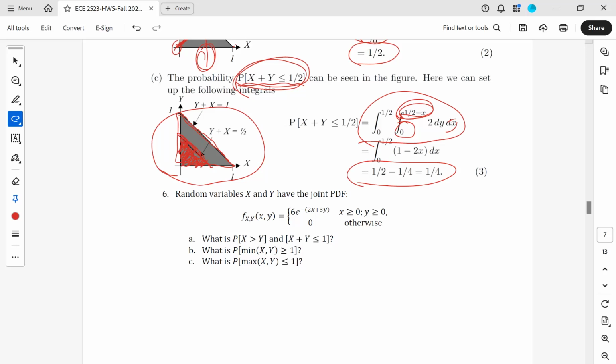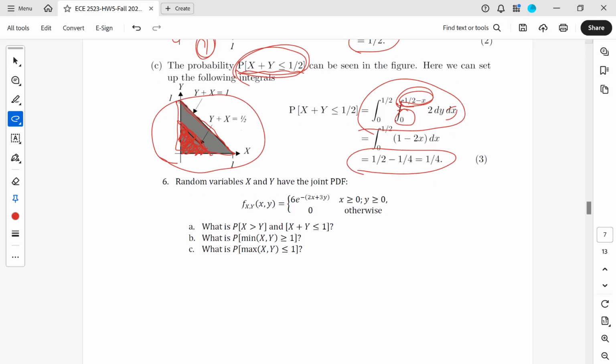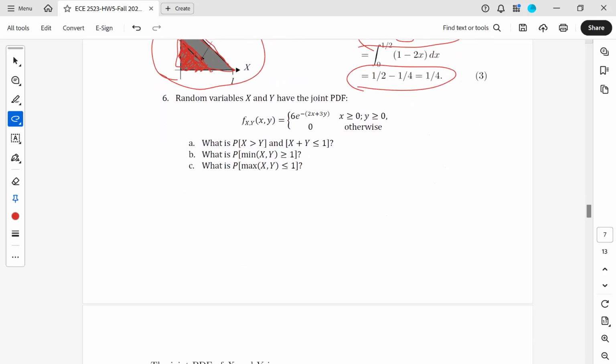Okay. Let's go to problem number 6. In this problem, we also have two random variables x and y. The PDF is given for those random variables, the joint PDF actually. The question asks us for the probability of two events. One is x higher than y, the other one is x plus y is less than or equal to 1.